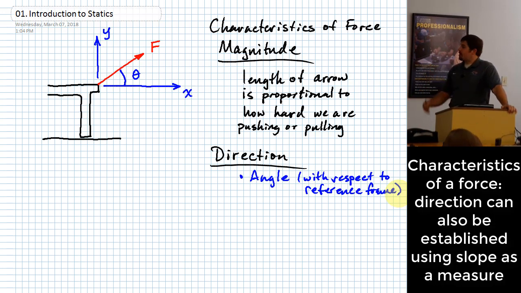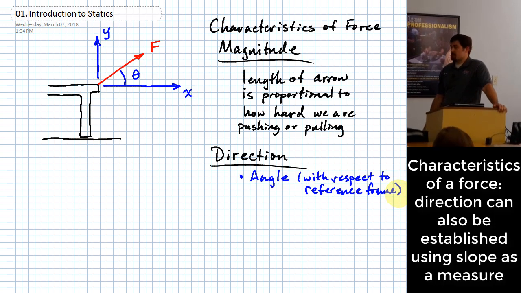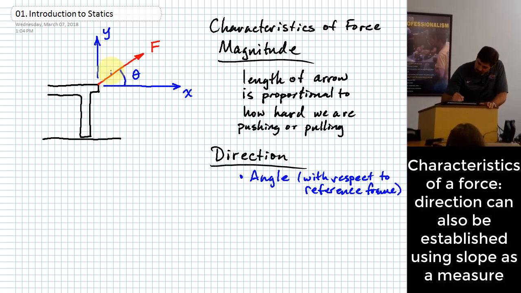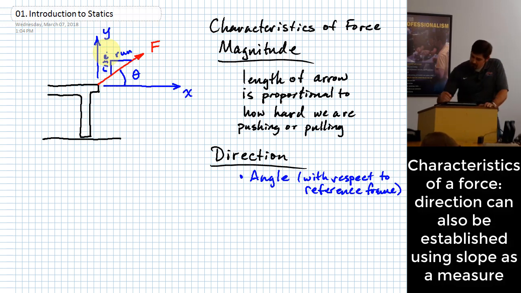Okay. It can be thought of as a rate of change. Okay. What else? What's the, I guess, less technical or less calculus-oriented answer to that question? It's a rise over run, right? It's just a rise over run. We can use that type of a characteristic as well. You can establish that for a particular direction of a force like this, it will have a particular run and a particular rise. Okay? And so that's another way that we can establish direction.